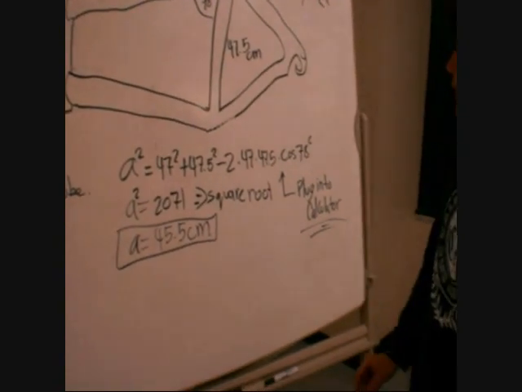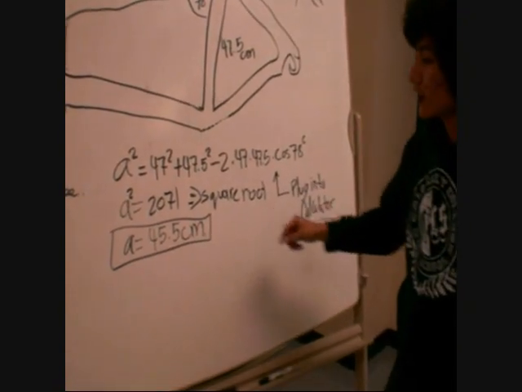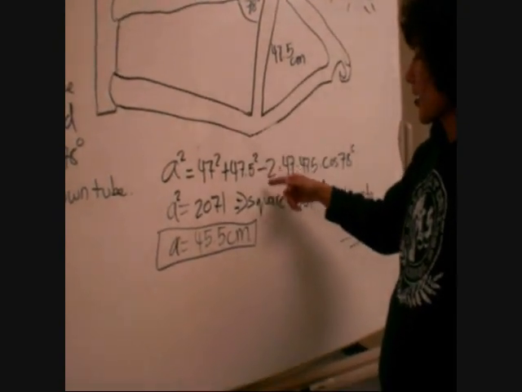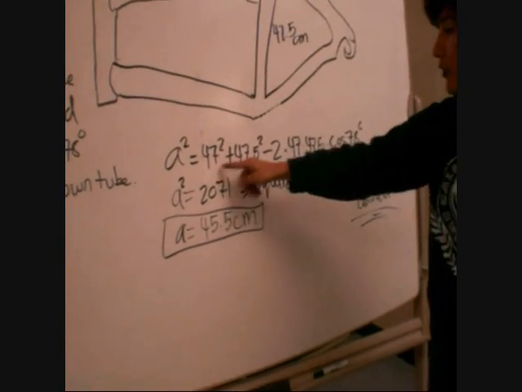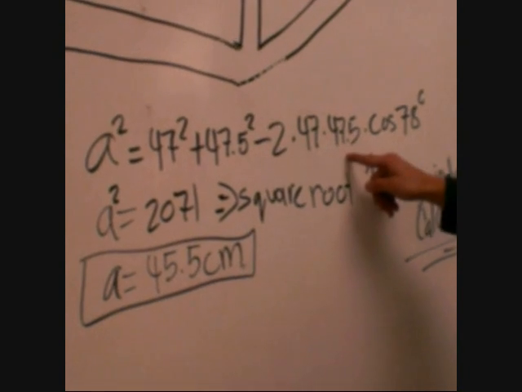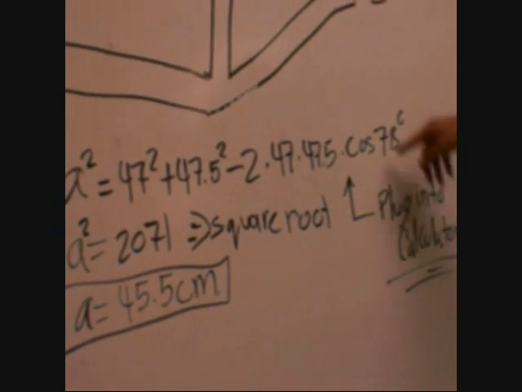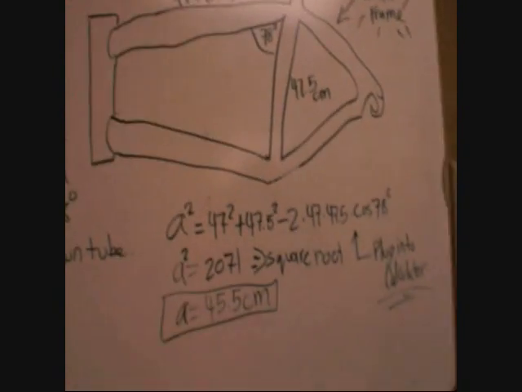So what you do is you create the formula, which is a squared equals, plug in the numbers and square them, subtract 2 times 47 times 47.5 times the cosine of 78, because of the angle, which is 78.